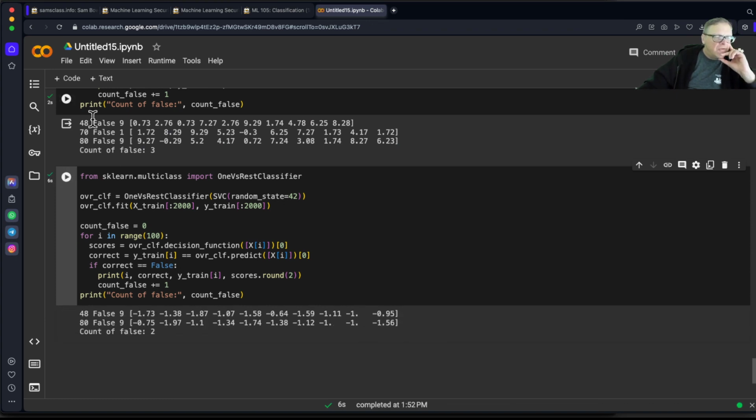And notice 48 and 80 are the ones that got wrong here, and the 2 this one got wrong are 48 and 80. So as you would expect, it's going to be particularly distorted or scrawled images that confuse both models.